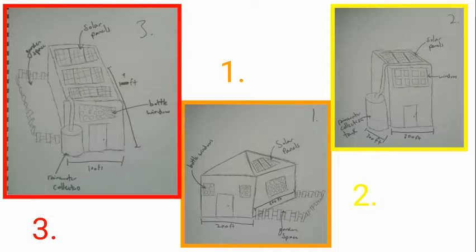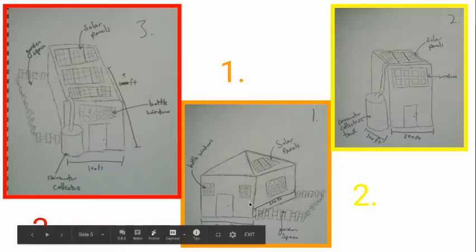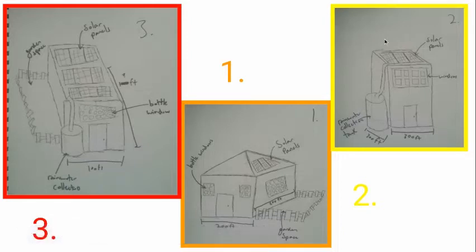It has a different roof compared to the other 2, and has a lot more garden space than the other houses have. And it also has solar panels, so it has some, but not all, of the design specifications that I mentioned earlier.